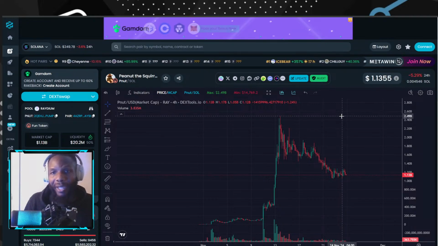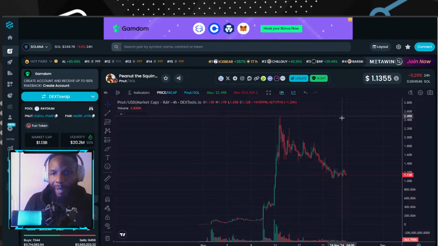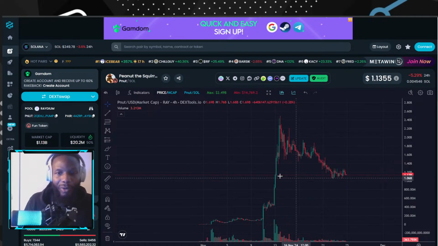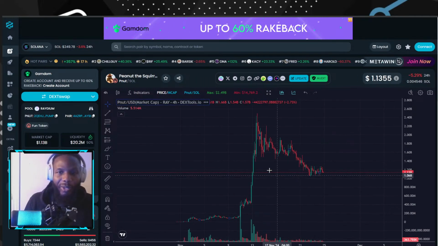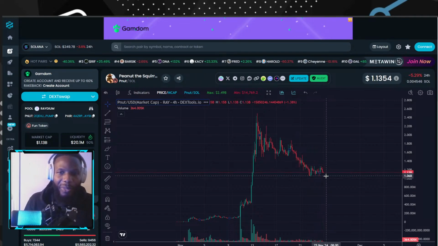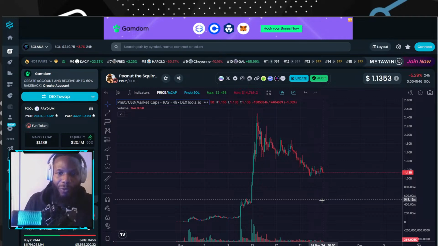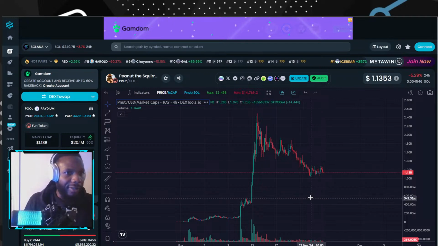You're down $1.5 billion of market cap. That's a no. That's why I always say wait for the retreat. I wouldn't touch this coin, because it's probably going to bottom out down here somewhere before it breaks structure and starts to go up again.